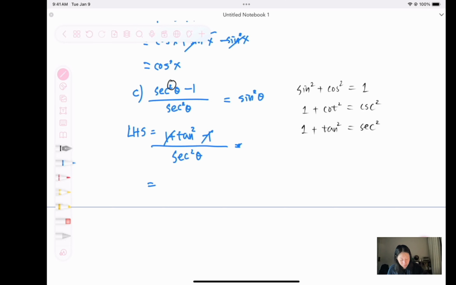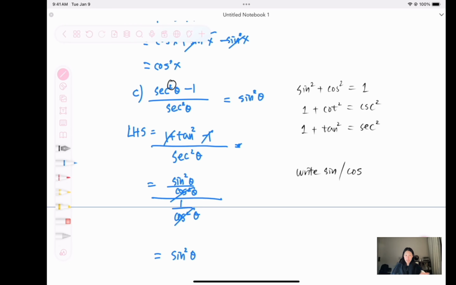That's the second rule: always write it in terms of sine or cosine. So I have sine squared over cosine squared, over secant squared, which is 1 over cosine squared. Simplify it, you will get what? Cosine squared cancels. You will end up with sine squared, which is the right hand side. Then we're done.